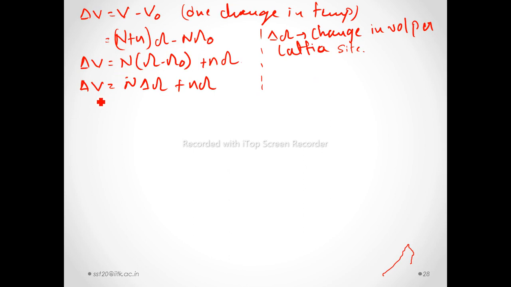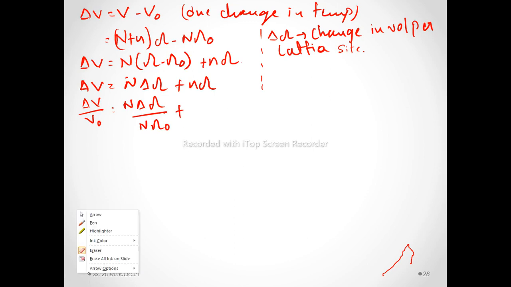Then we divide by the initial volume on both sides. Delta V by V naught equals N into delta omega divided by N into omega naught, plus small n divided by capital N, times omega divided by omega naught.